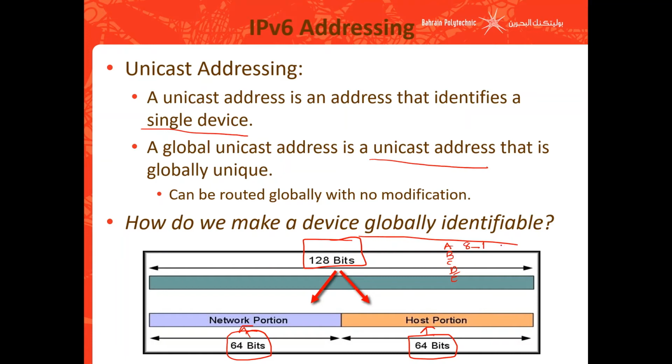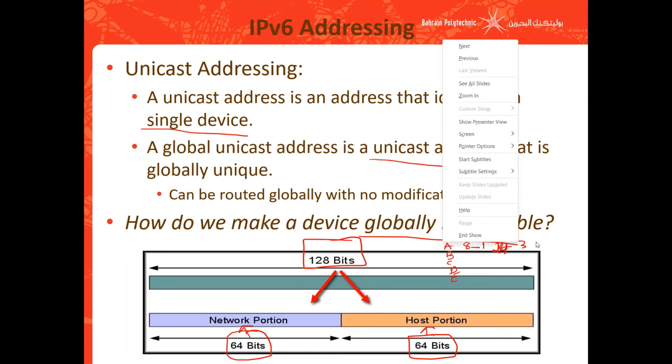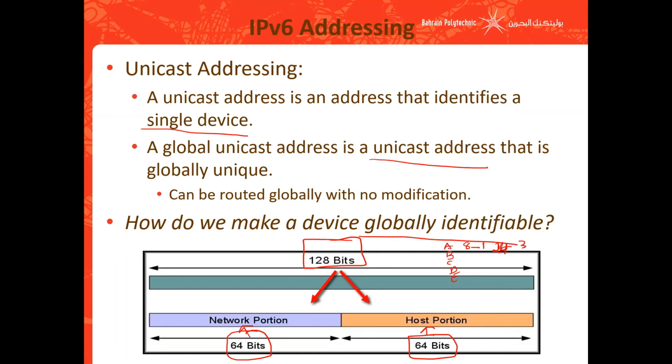And for the host, there were 24 bits, which is 3 octets. And they were different as we moved down the classes. But in IPv6, we have 64 bits dedicated for the network and 64 bits dedicated for the host.